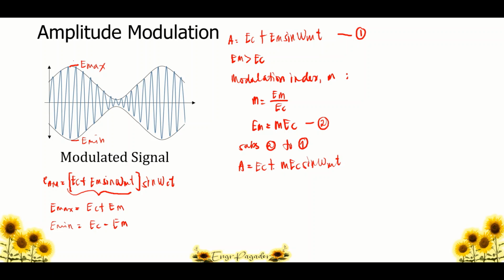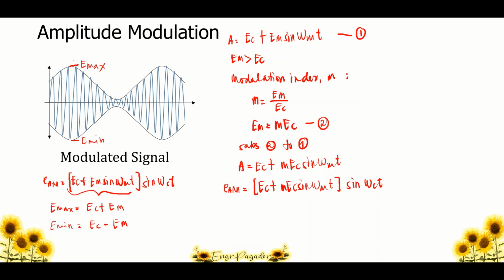And if we substitute this into the original equation, we will now have a new equation for our modulated signal, equal to the new amplitude EC plus MEC sine omega mt multiplied by the frequency sine omega ct. So, this is now the new formula of our modulated signal.